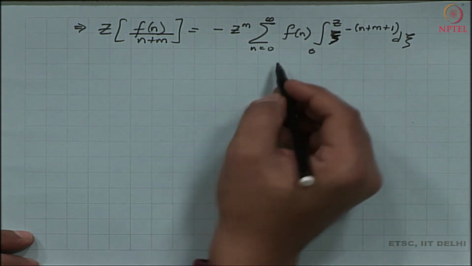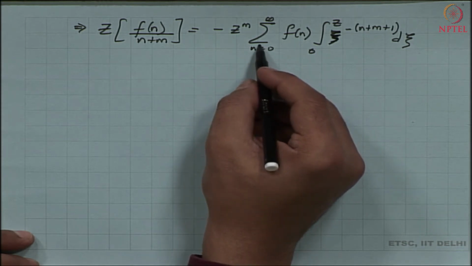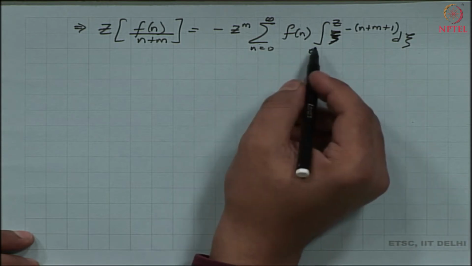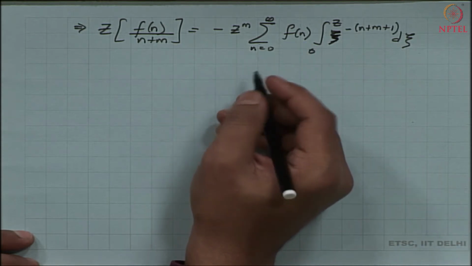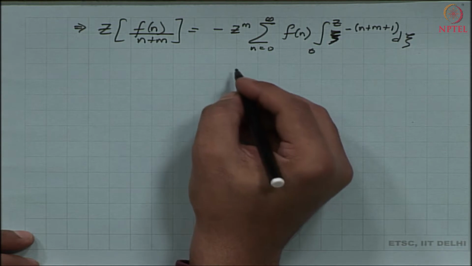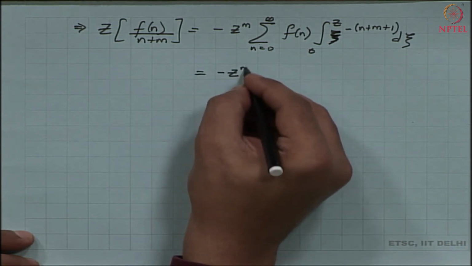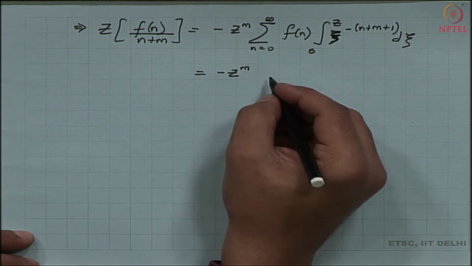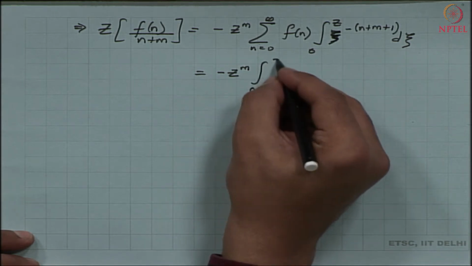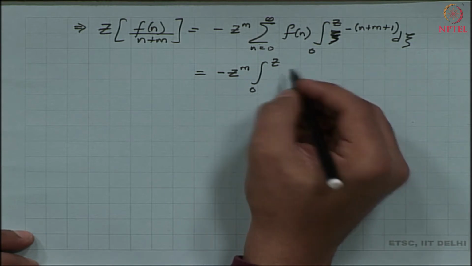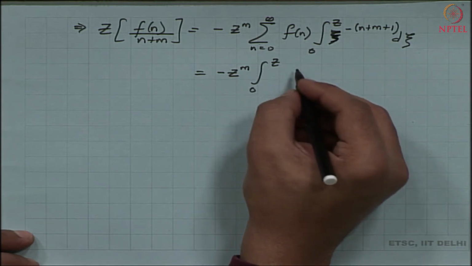No, everything has been included. Then the next step is I am going to interchange my sum and my integral. Notice that this is also equal to negative z to the power m, and let me take this integral out, integral 0 to z, and what I have is the sum.